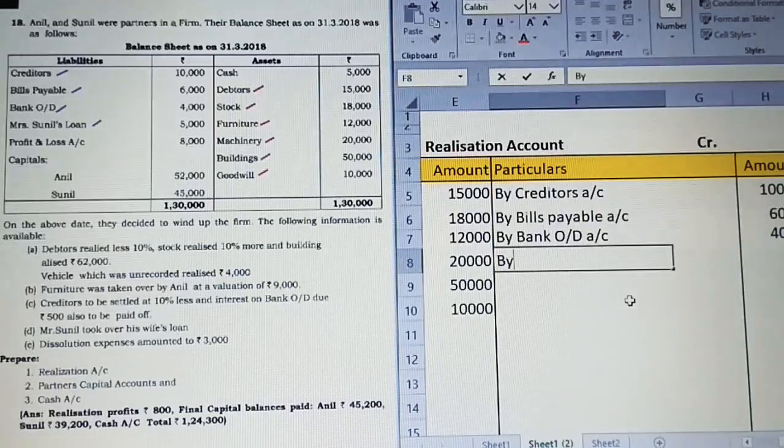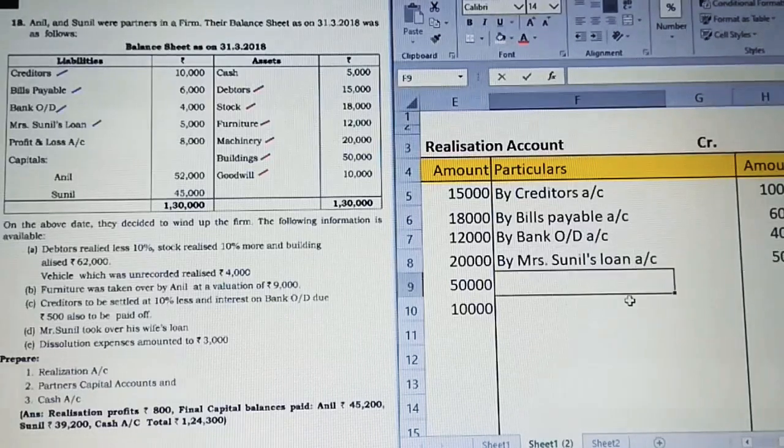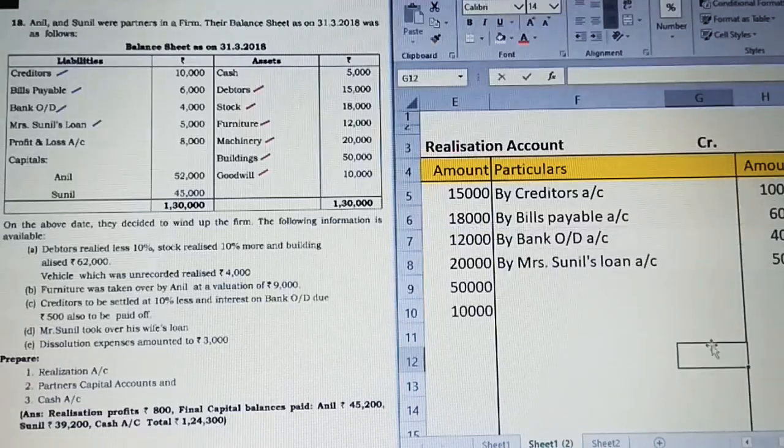Next, by Mrs. Sunil's loan account, it's 5,000. Yes, so we have taken the required external liabilities in the book value. So we have completed the first 2 steps.